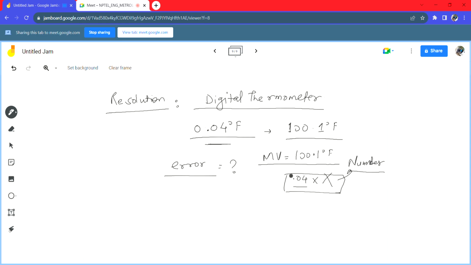After 0.04, that is 0.04 into 1, we will have 0.04 into 2, and then 0.04 into 3. So 0.04 into 2 accounts to 0.08, and 0.04 into 3 accounts to 0.12.